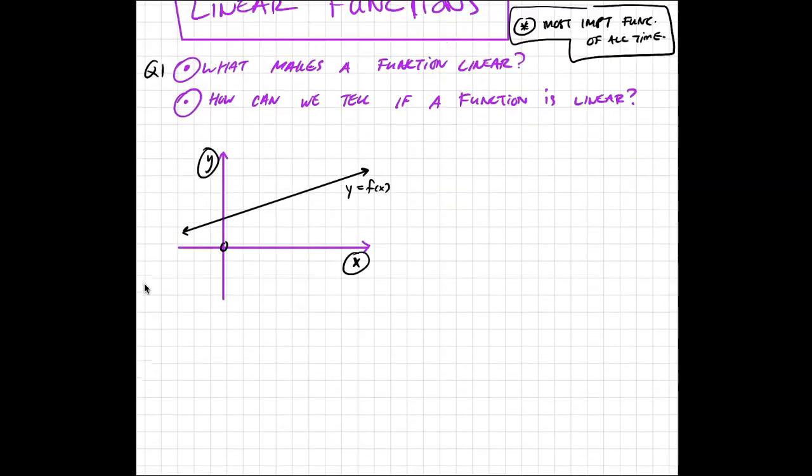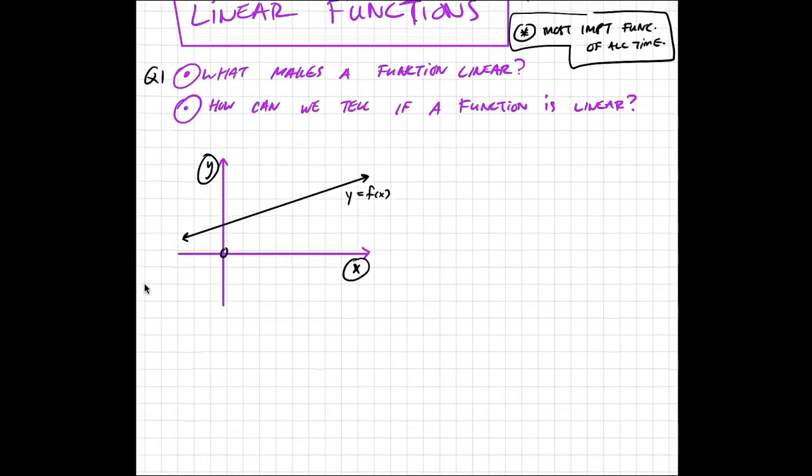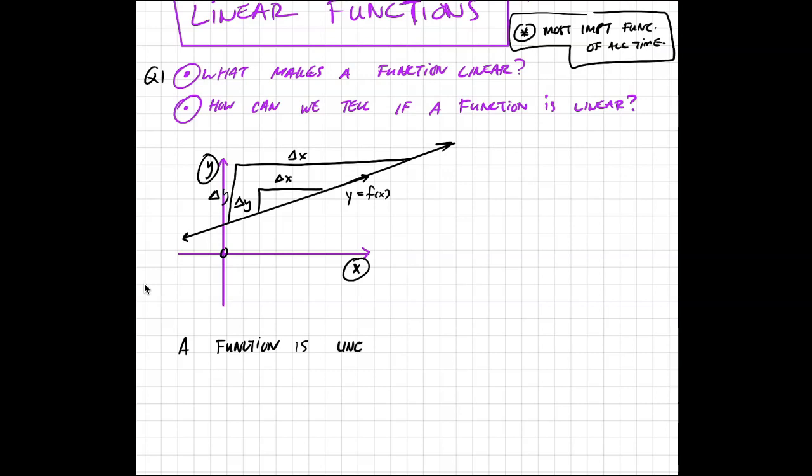Well, one of the key things that makes a function linear is that its rate of change, how much it changes in y over how much it changes in x, is the same ratio no matter where you are. A function is linear if it has a constant rate of change.